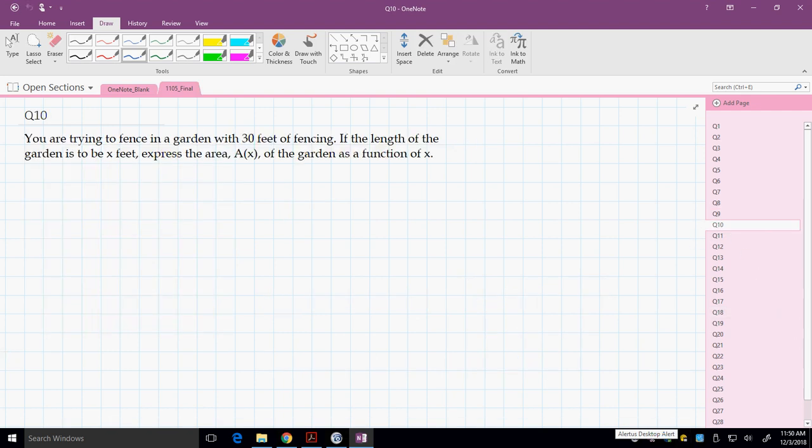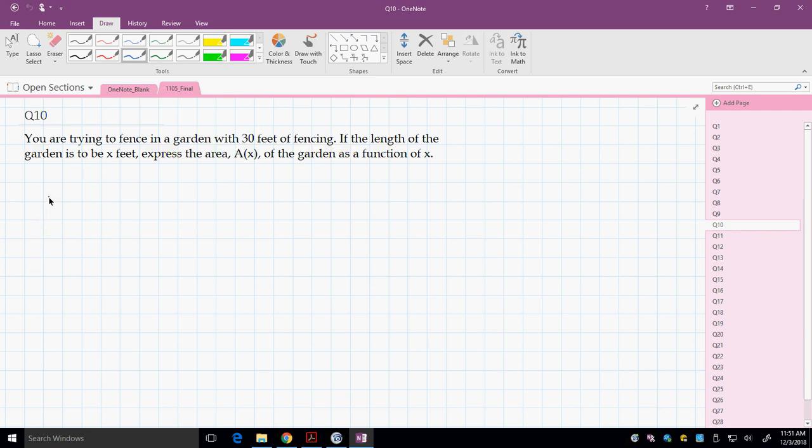Now question number 10. You're trying to fence in a garden with 30 feet of fencing. If the length of the garden is to be x feet, express the area A of x of the garden as a function of x.